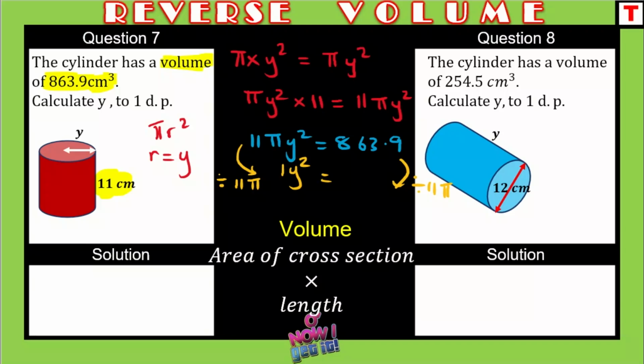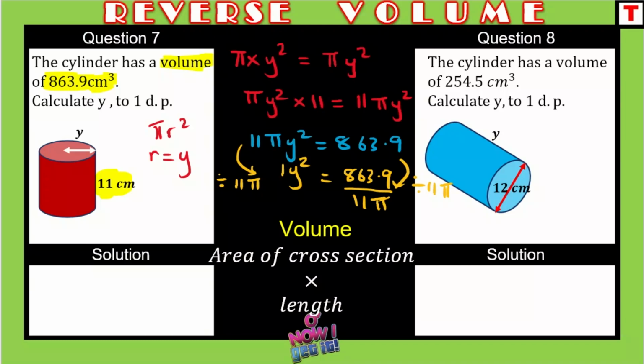And I'm just going to keep it as a fraction to start off with here. So we have 863.9 upon 11 pi. And I don't want to round this answer too quickly, because I would still need to now take the square root, because I need to undo squaring.